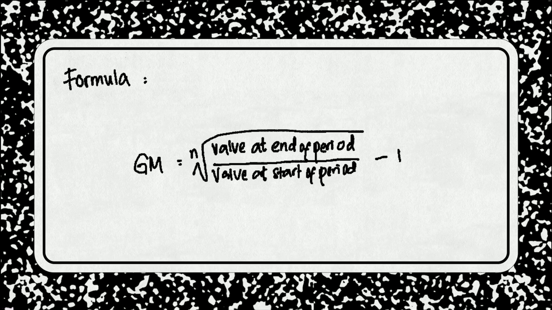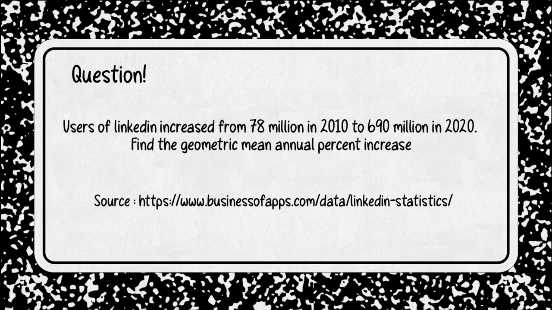A second application of the GM is to find an average percentage change over a period of time. The formula: GM equals the nth root of value at end of period divided by value at start of period, minus 1. Example. Question. Users of LinkedIn increased from 78 million in 2010 to 690 million in 2020. Find the geometric mean annual percent increase.